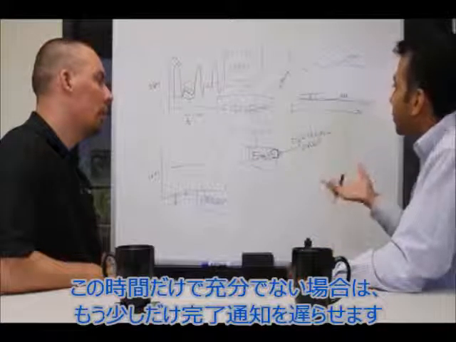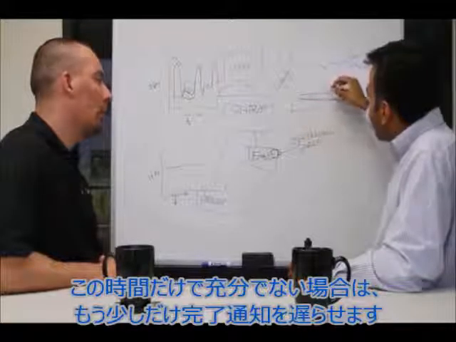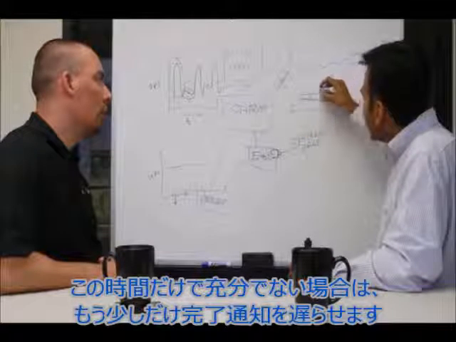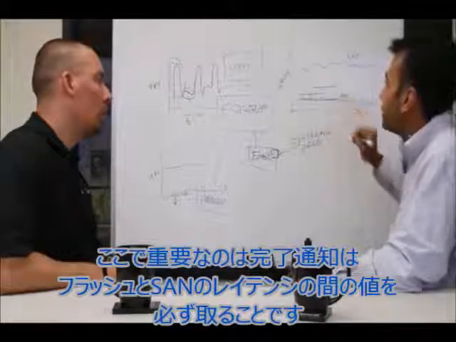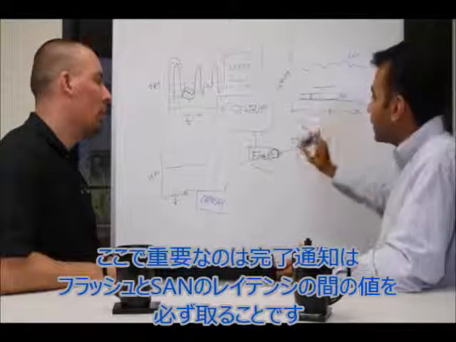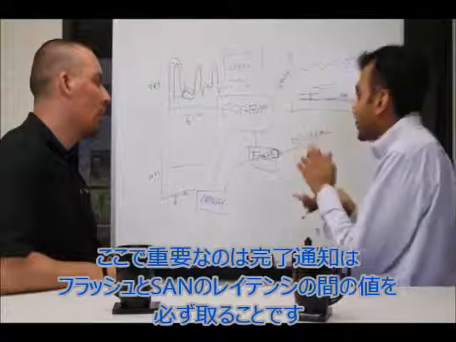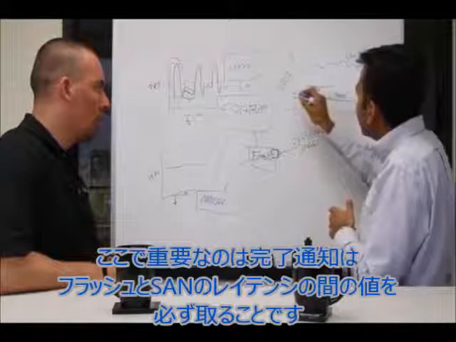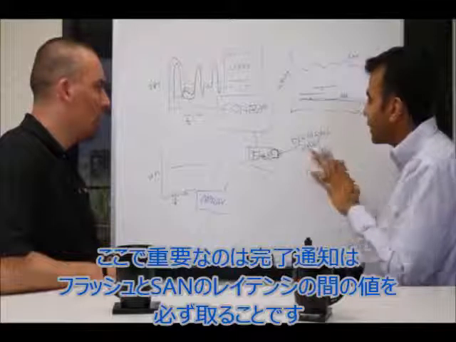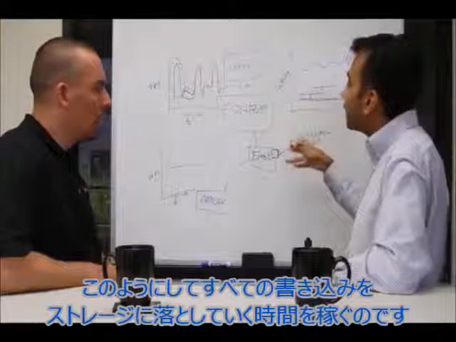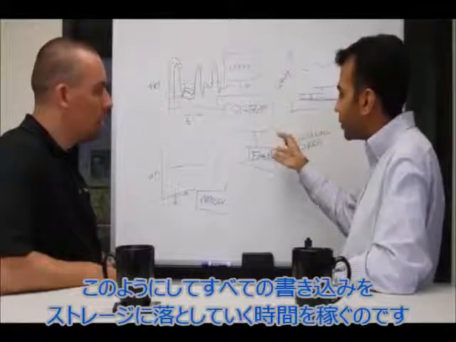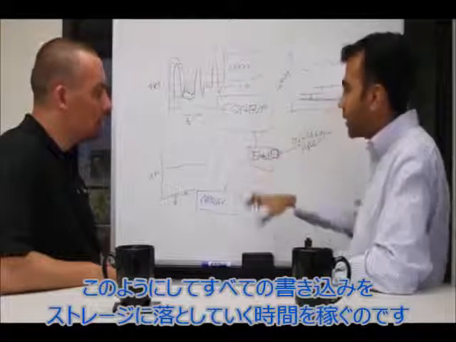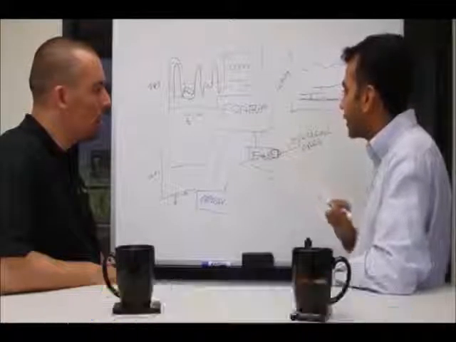Now, if this time is not good enough, maybe we'll inject some more delay and we go here. So it's basic queuing theory: we keep on throttling the rate at which we are acknowledging the writes, and we keep that latency somewhere between flash and SAN so that we get a better chance to destage all the writes to the array that we've accumulated in the destaging area.